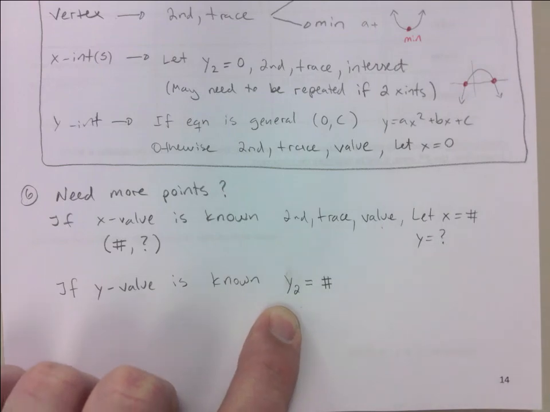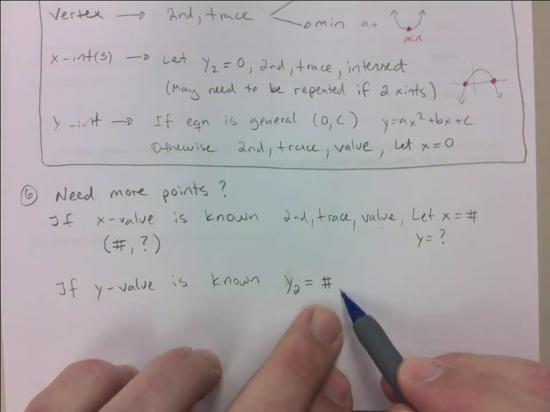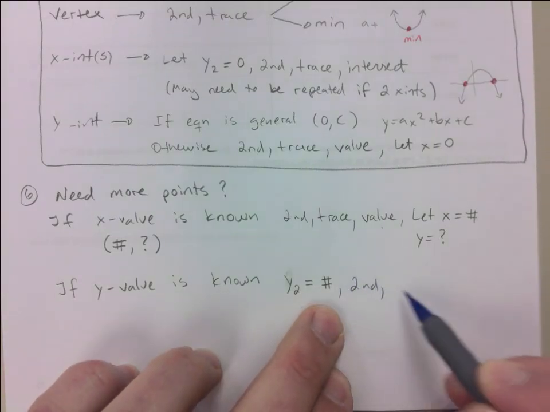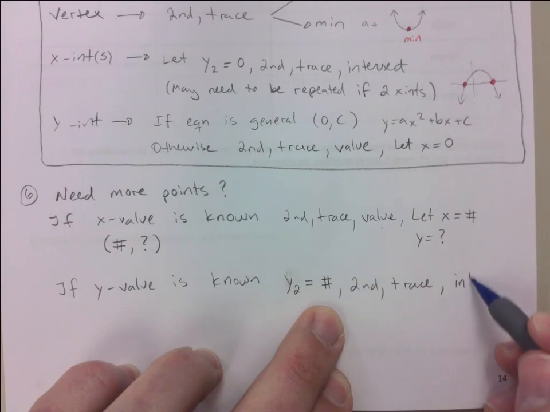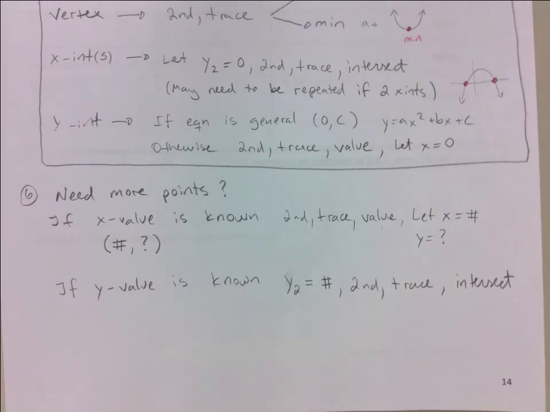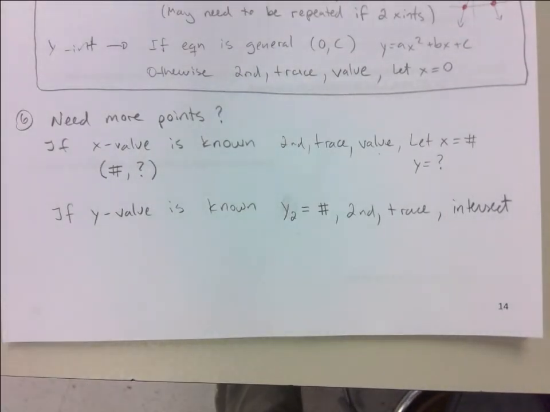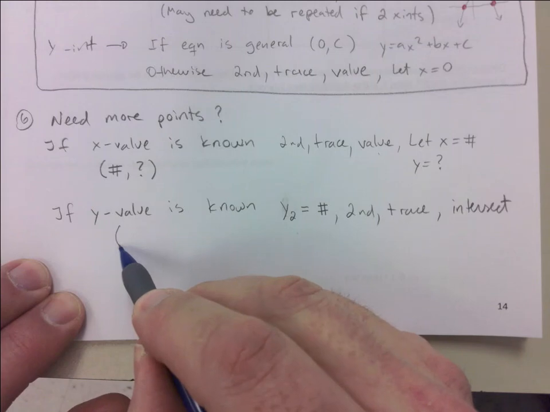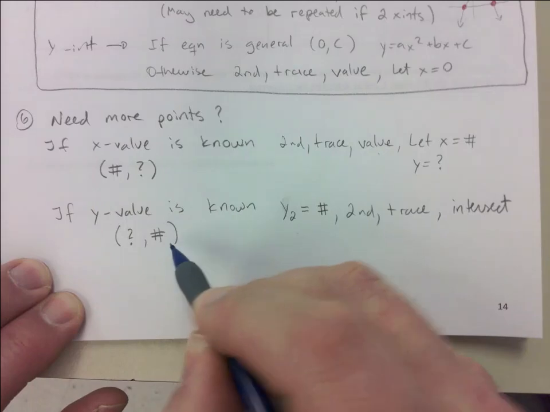So let's say the y value is 5. Then you would let y2 equal to 5. And then you go second, trace, intersect. And then you have that. So this is the case where the x value is unknown, but you do know what the y value is.